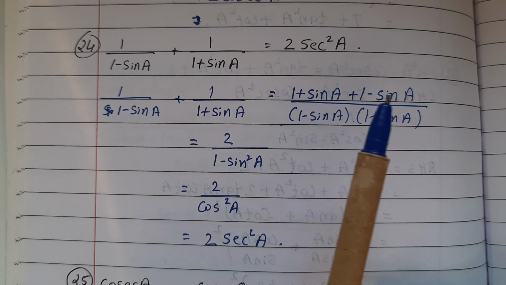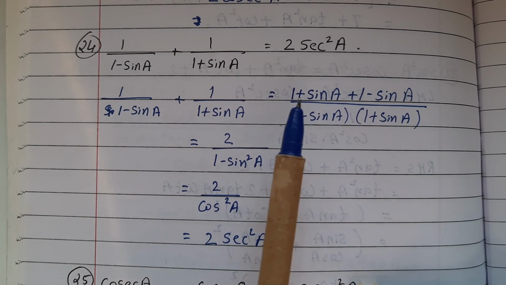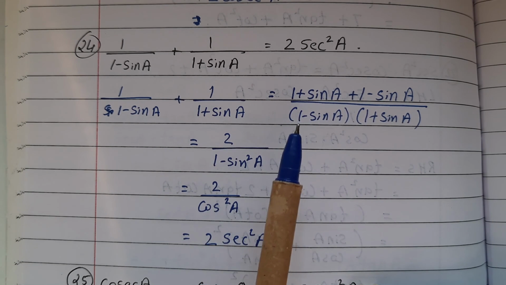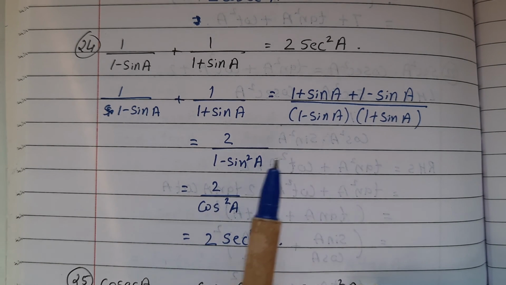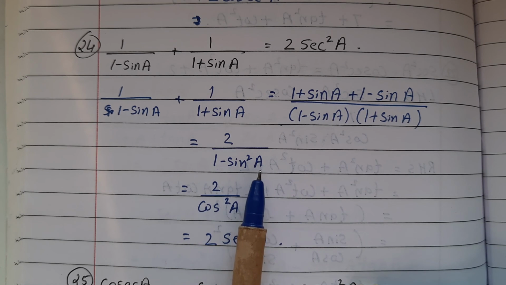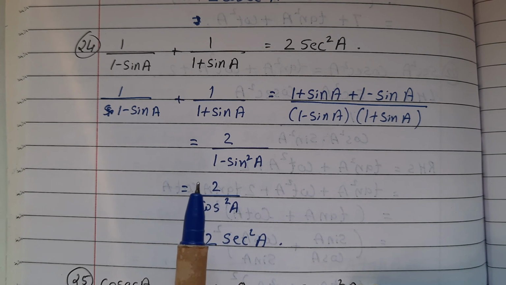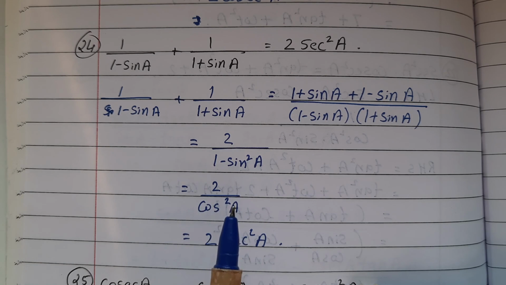Plus sin A minus sin A cancel. 1 plus 1, 2. (A plus B) into (A minus B) is A square minus B square. Therefore, 1 minus sin square A, which is equal to cos square A, so 2 upon cos square A. 1 upon cos square A is sec square A. So, equal to 2 into sec square A, equal to right hand side.